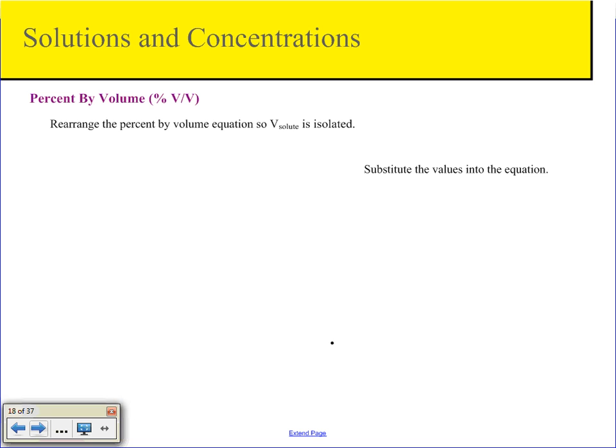Here I know percent by volume is the volume of solute over the volume of solution multiplied by 100. So first step, I'm going to divide both sides by 100.